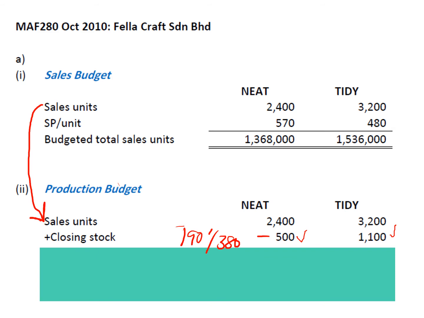So, untuk tidy, is the same way. You ambil 352 bahagi dengan 320. Okay, so dapatlah closing stock. Make sure you add.